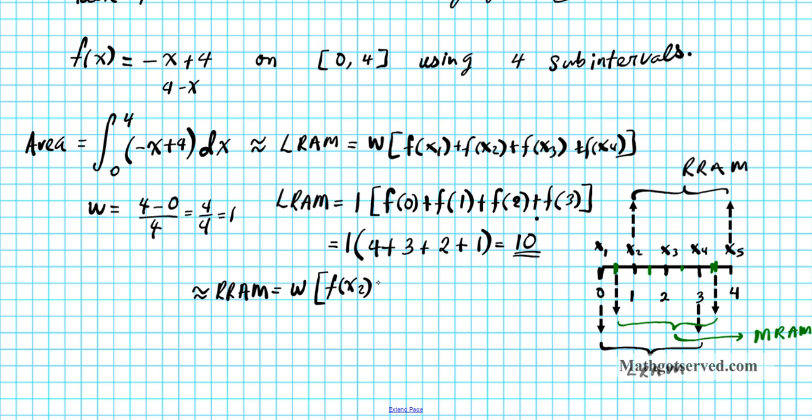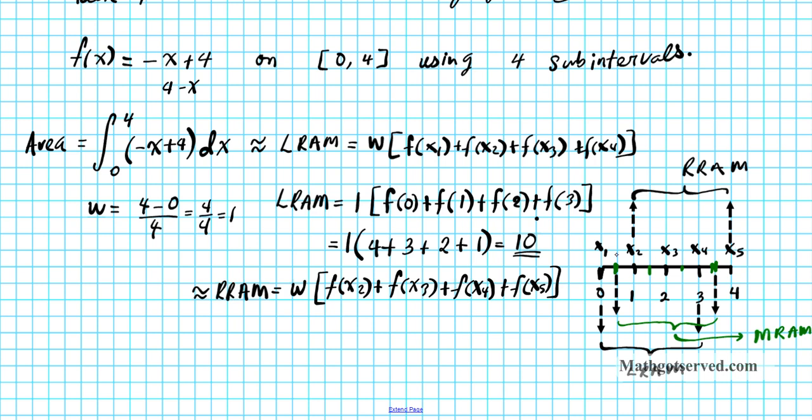Pick all the points to the right of the left endpoint: f of x2 plus f of x3 plus f of x4 plus f of x5. This is a right rectangular approximation. So we pick 1, 2, 3, 4.